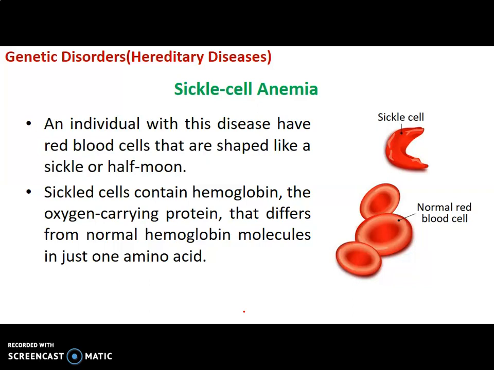The sickle cell hemoglobin, which is oxygen-carrying, differs from a normal hemoglobin. It cannot carry the amount of oxygen that it's supposed to, because its shape has deteriorated.